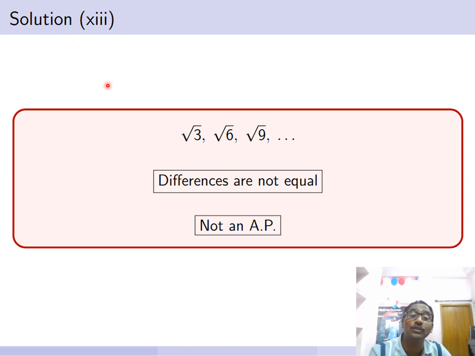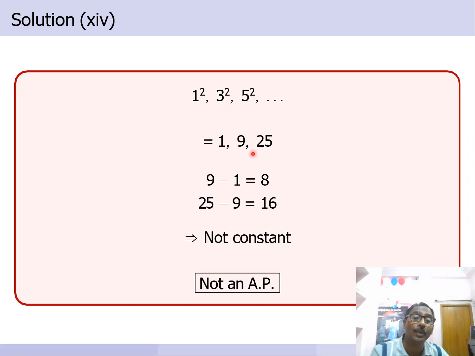Solution for 13th one: root 3, root 6, root 9 and so on. Differences are not equal. So root 6 minus root 3 is not equal to root 9 minus root 6. That's why it is not an arithmetic progression. Next, 1 square, 3 square, 5 square and so on.